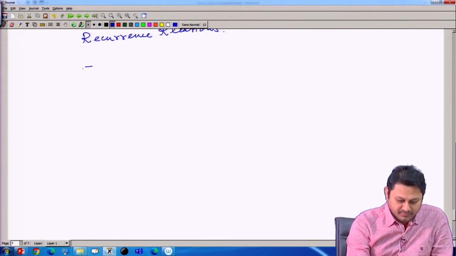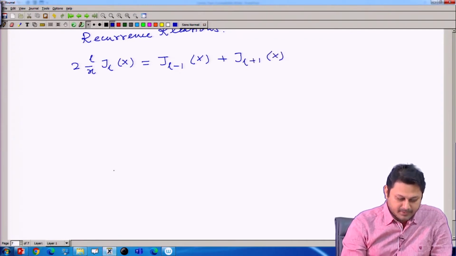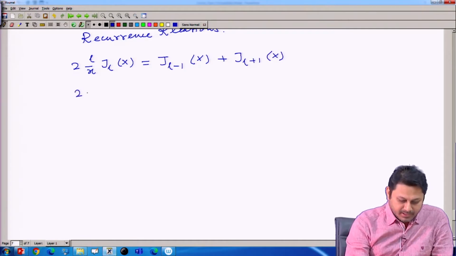One is 2 L by x J L x is equal to J L minus 1 x plus J L plus 1 x. This is one identity. Again I can have another identity.